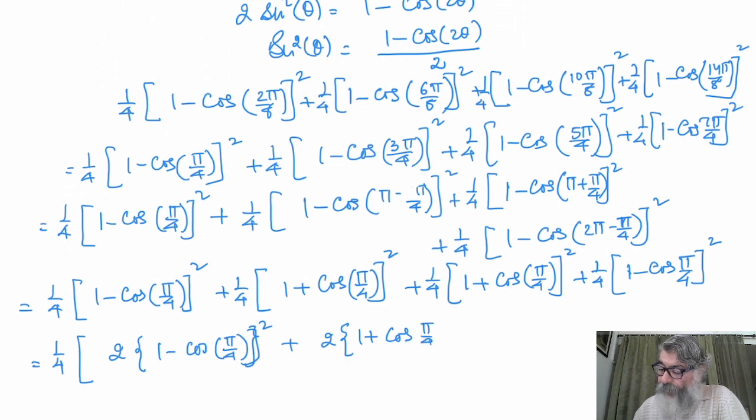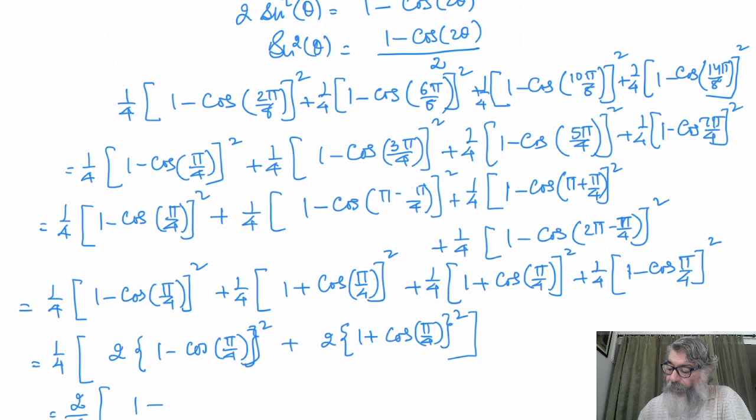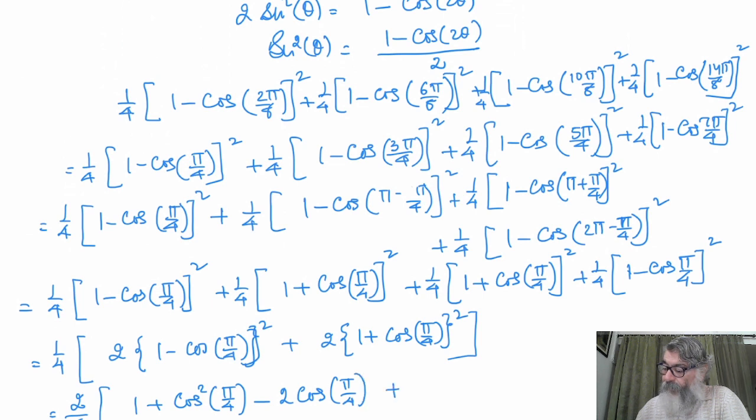Now you can take 2 common also out, 2 upon 4. It will be left with 1 minus cos pi by 4 whole square plus 1 plus cos pi by 4 whole square. Let's open the bracket. It will become 1 plus cos square pi by 4 minus 2 cos pi by 4, plus 1 plus cos square pi by 4 plus 2 cos pi by 4. It is simple: a minus b whole square, a plus b whole square. Just see it.